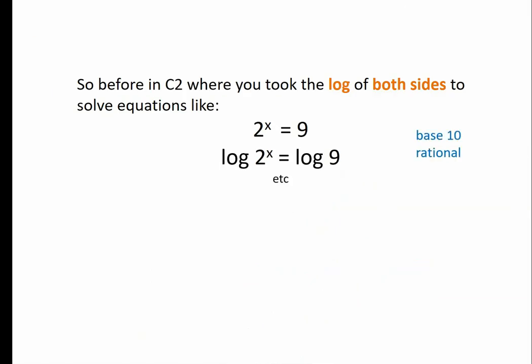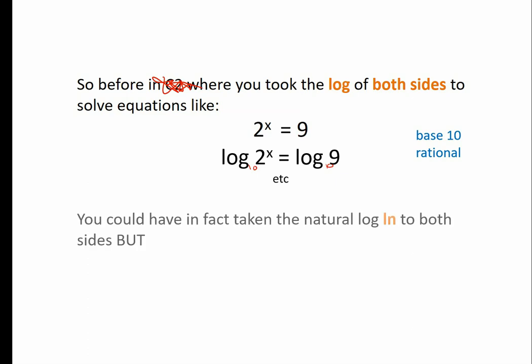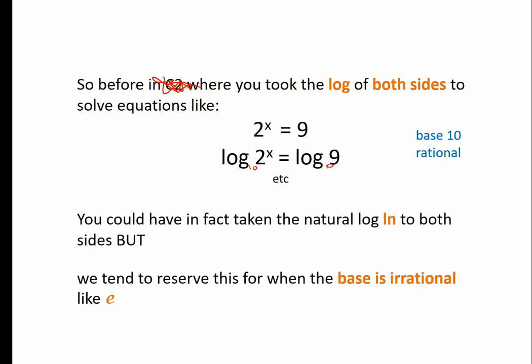So before, ignore this thing about C2 here, that's old parts, that's what used to be called the A level. So before we would take logs to both sides, but now if we do that, that would be base 10. Or any base I wanted really. I could use base 2, base 3. As long as I did the same to both sides, we're not breaking any math laws. But what we could do is actually use the natural log.